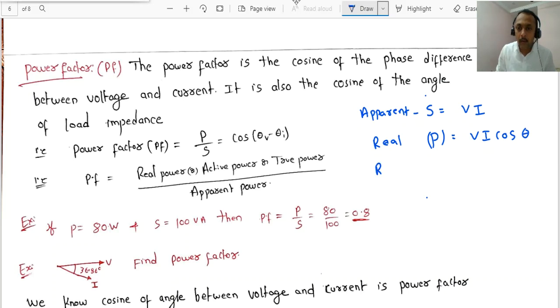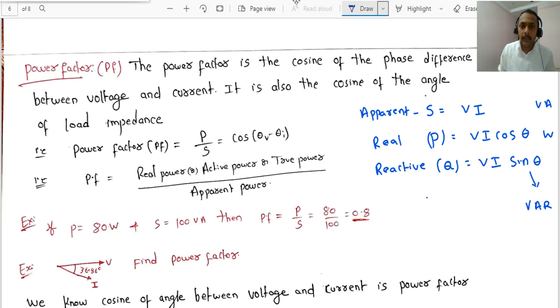And the reactive power Q equals VI sin theta. Apparent power is expressed in volt ampere, real power in watts, and reactive power in volt ampere reactive. Up to here we have completed in the previous discussion.